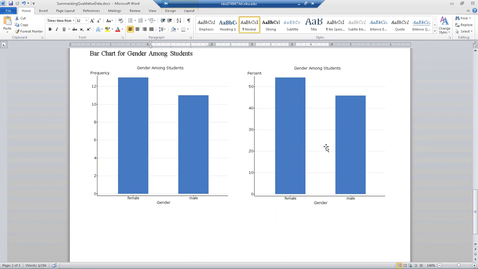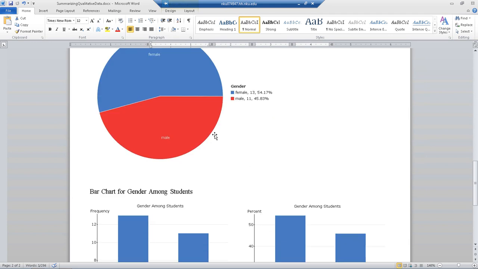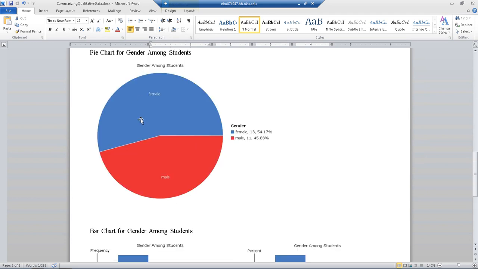But bar charts are useful when you have lots of categories, maybe 5 or more categories, and then it's easy to look across the top to see which things are more common or less common. Pie charts are useful when you don't have a lot of categories, because if you have a whole lot of categories, those really small pieces of pie are hard to distinguish, and it's hard to see which one is bigger or smaller than another.